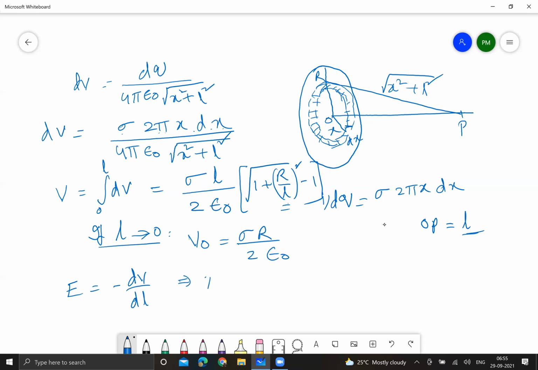So this implies E is equal to sigma by 2 epsilon 0 into 1 minus 1 by root of 1 plus R by L whole square.